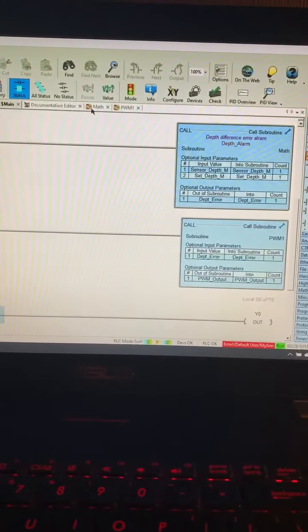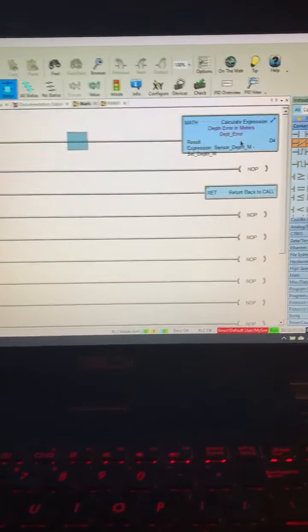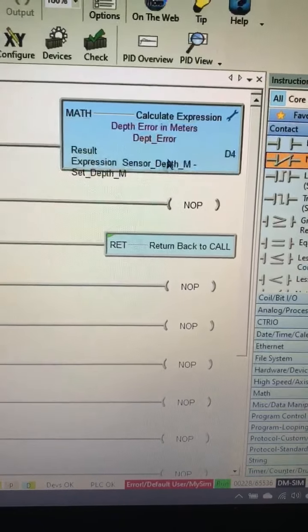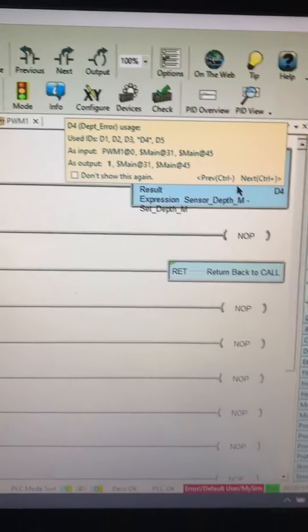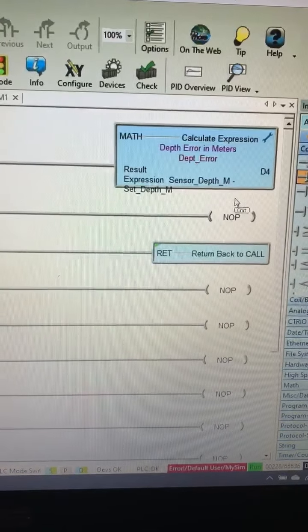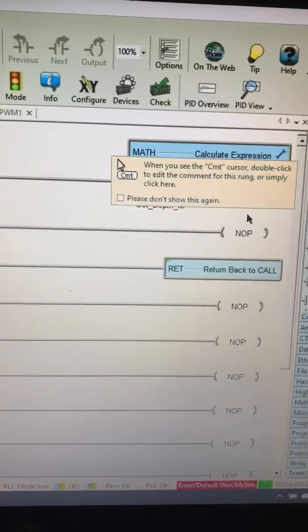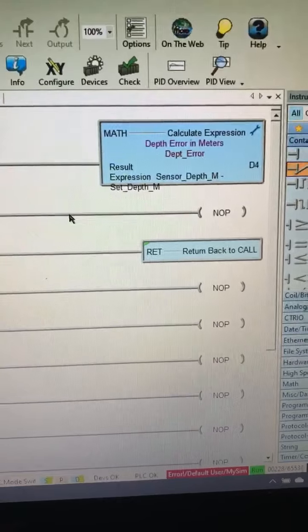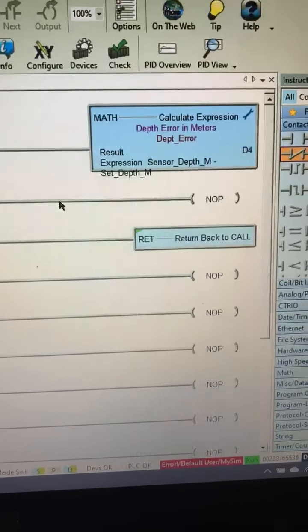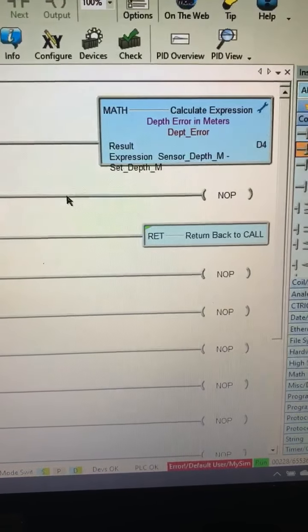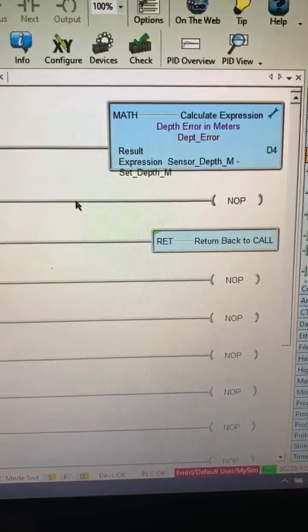So if we go over here to our math subroutine, we see there's only one thing in it, and this is a math problem. What this math problem is doing is subtracting the actual depth from the set depth.